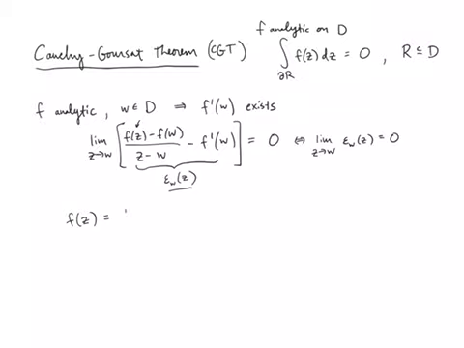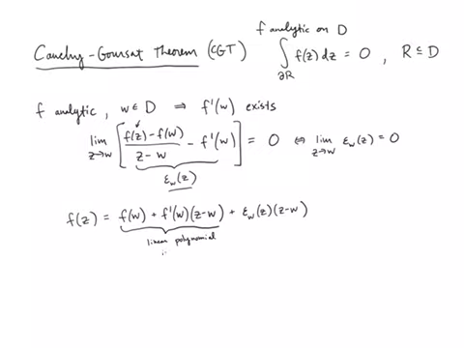f of z is equal to f of w plus f prime of w times z minus w plus epsilon sub w of z times z minus w. Let's see what this is telling us. You can notice here that this is a linear polynomial in z.